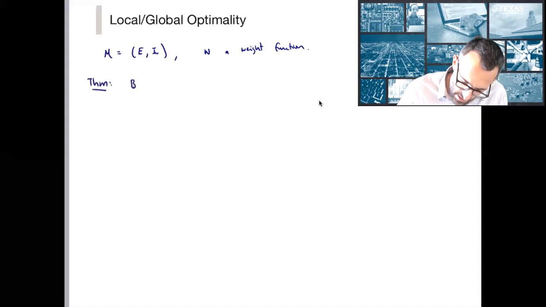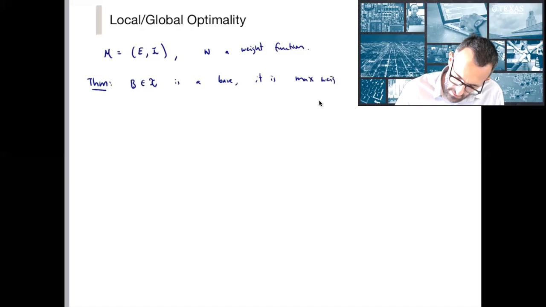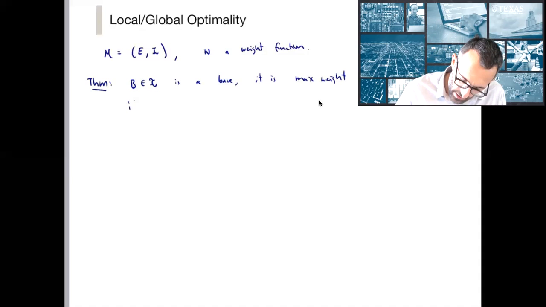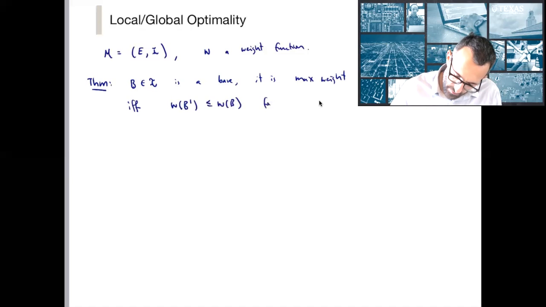If B in I is a base, it is max weight with respect to this arbitrary weight function W, if and only if the weight of any base B dash is less than W of B for any base B dash that differs from B by one element.